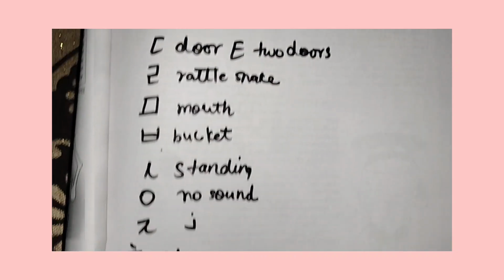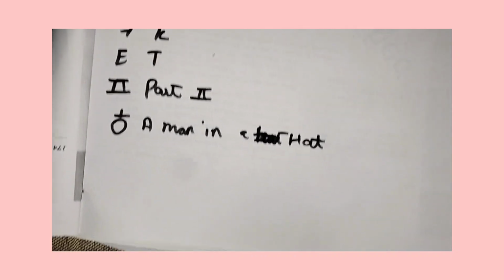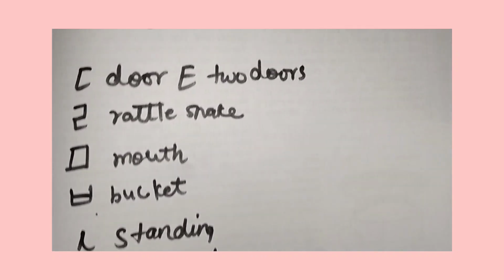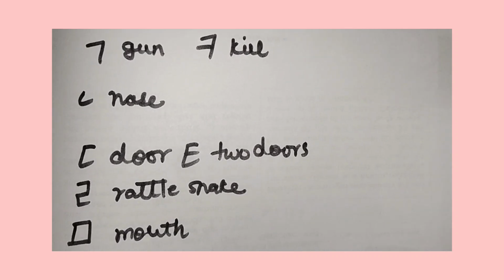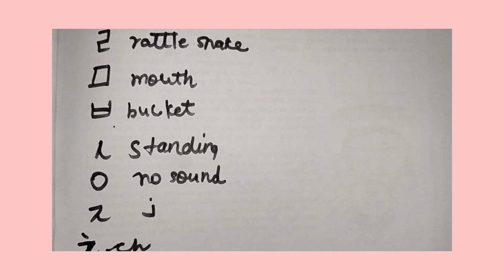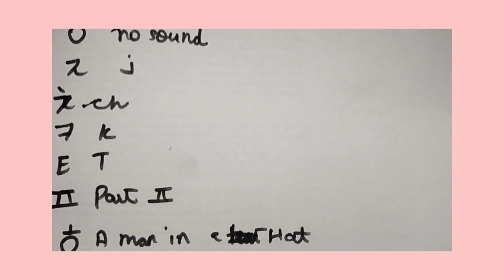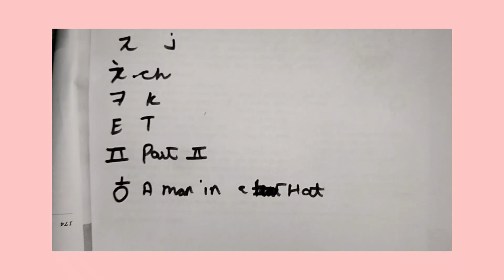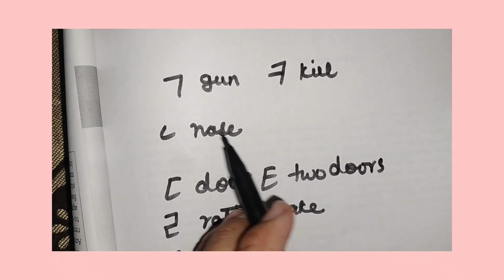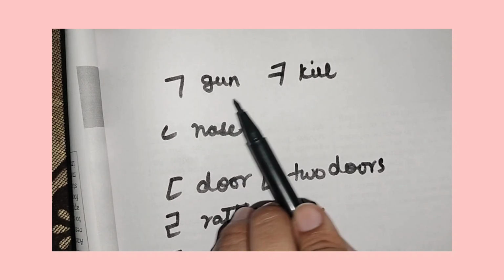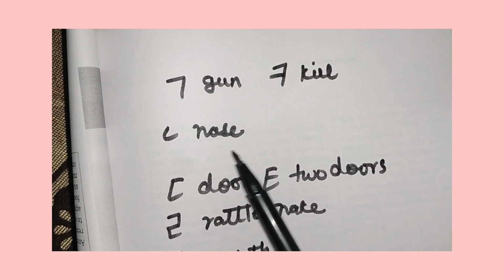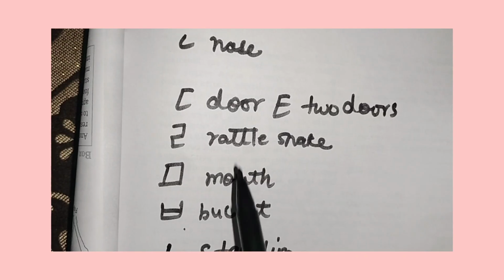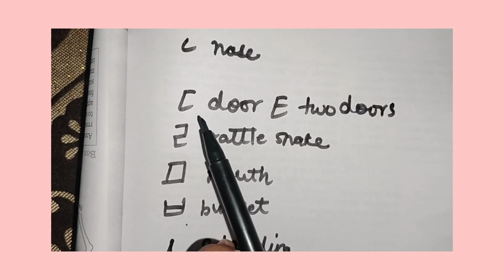And here are all the consonants with the way of memorizing them. I'm going to attach a photo at the end of this video with all the consonants and the vowels. G, gun. N, nose. D, door.